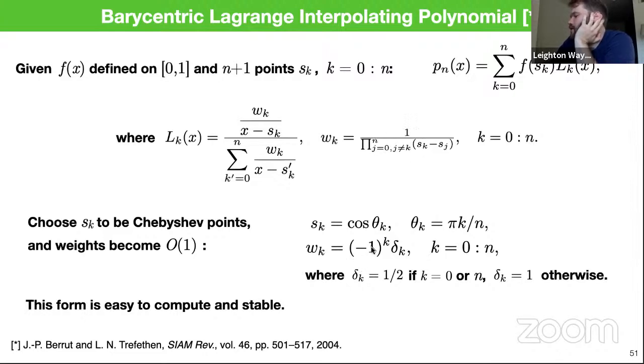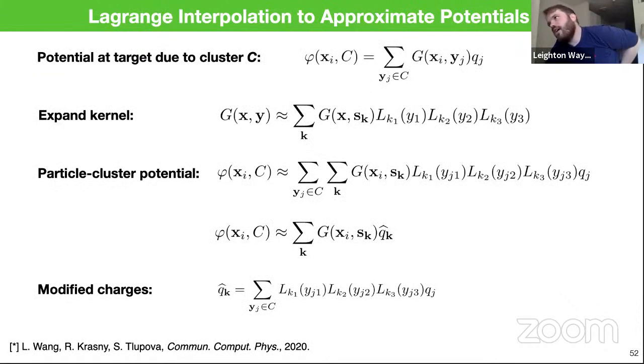So they're just -1, 1/2, -1/2, 1, which ends up being really nice because it means that you have this stable and very easy to compute polynomial interpolation. So we ended up running with this idea for approximating our interactions.